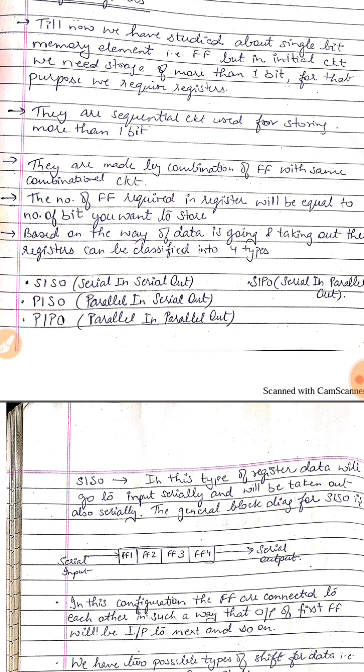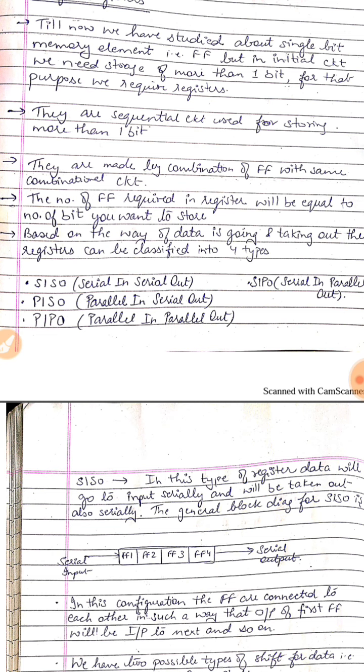So till now we have already studied about combinational logics and about flip-flops as well. In the last lecture we learned about the flip-flops. Flip-flops are basically used to store one bit of information.